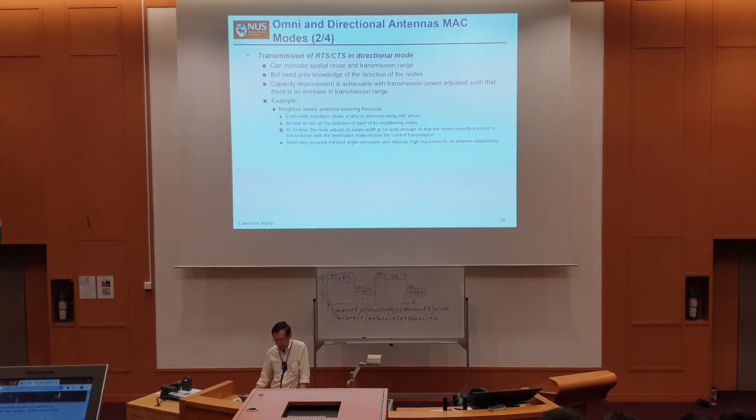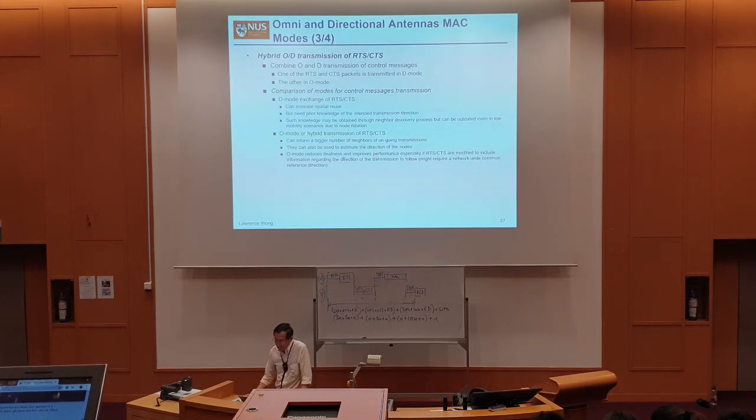At transmit time, the node adjusts its beam width to be wide enough so that the nodes recently involved in the transmission with the destination node receive the current transmission. So you need very accurate transmit angle estimation to do all this.